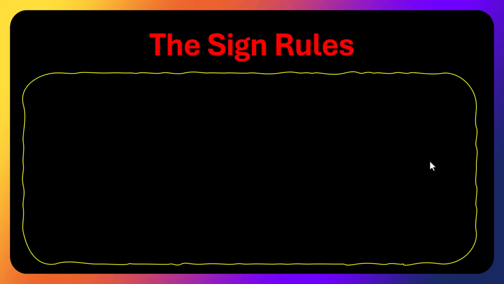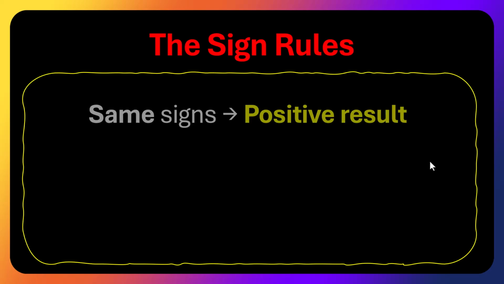Okay, so now what are the sign rules? First of all, we have to understand these rules. We have two rules. If the integers have the same signs, the result will be positive.